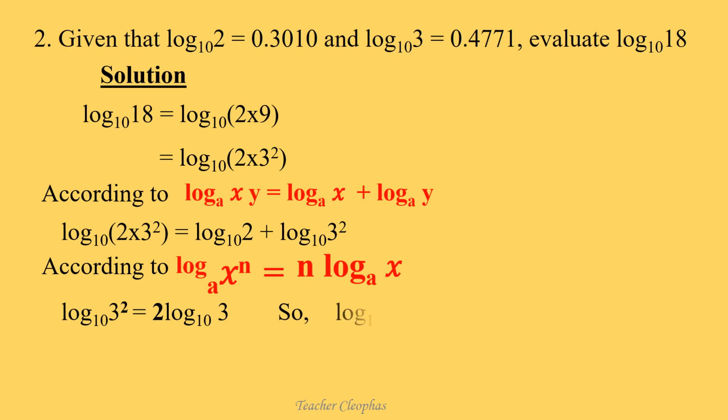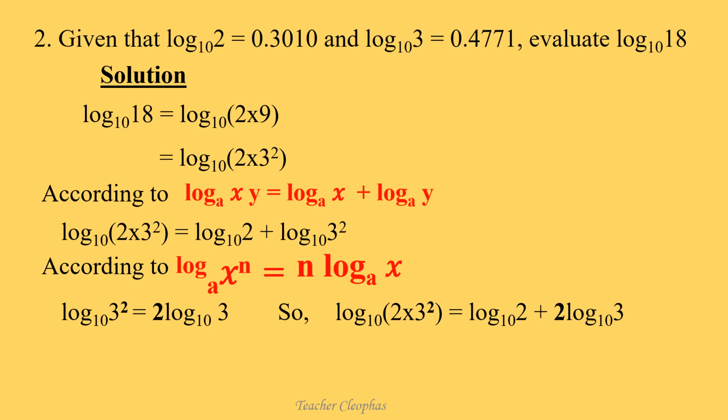So our overall equation is logarithm of 2 times 3 squared to base 10 equals logarithm of 2 to base 10 plus 2 multiplied by logarithm of 3 to base 10.